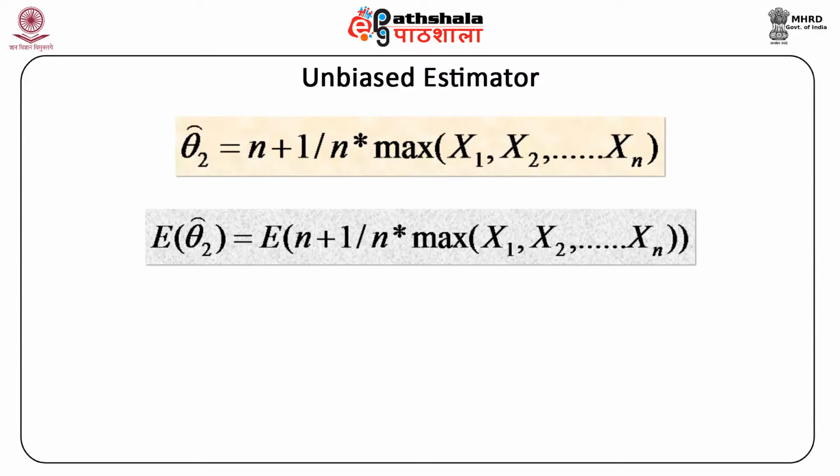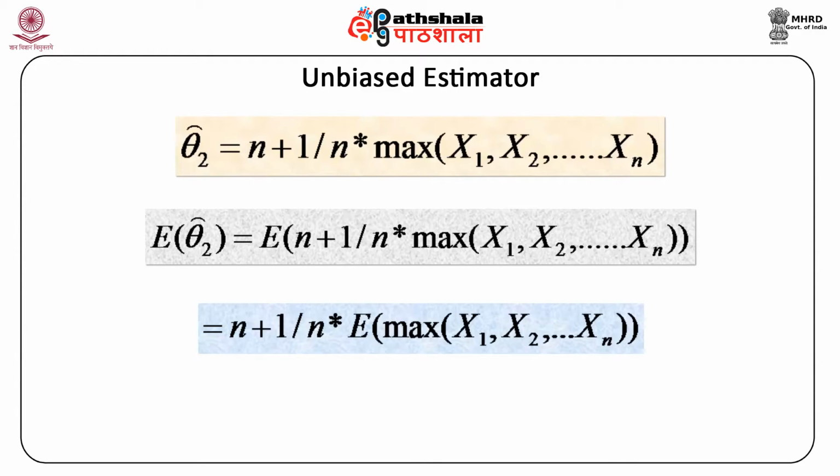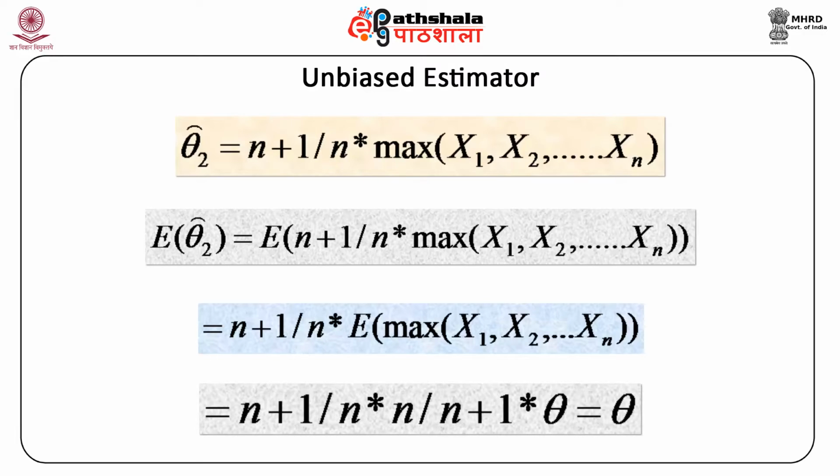This is equal to (n plus 1)/n times the expectation of the max of x1, x2, up to xn. This is equal to (n plus 1)/n times n/(n plus 1) theta, which is nothing but theta.